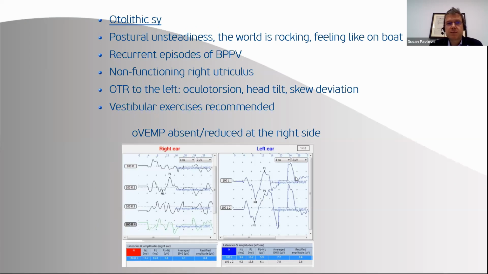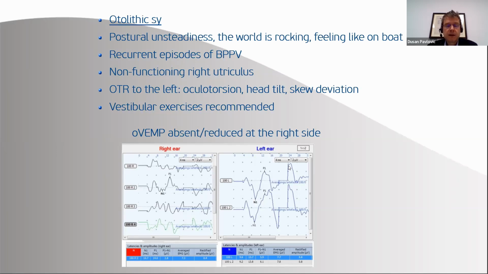But how can we explain his symptoms? Actually, what is otolithic syndrome? It's described as postural unsteadiness, rocking, patients have a feeling like being on a boat. Usually, those patients, because of dysfunctioning otoliths, have recurrent episodes of BPPV.